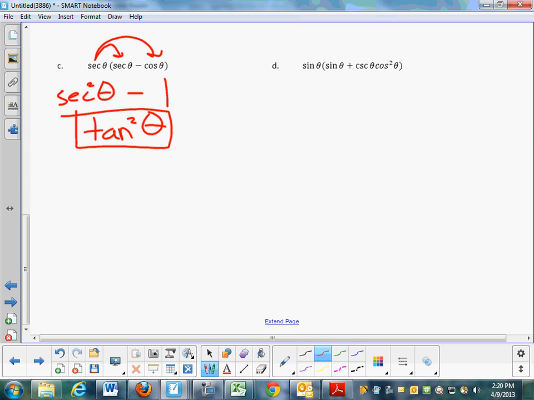Any questions? Going once? Twice? Yes, excellent. And his question is this. If we don't have something squared, should we distribute? Generally speaking, yeah. If you have something that's already squared, a lot of times you like to factor.